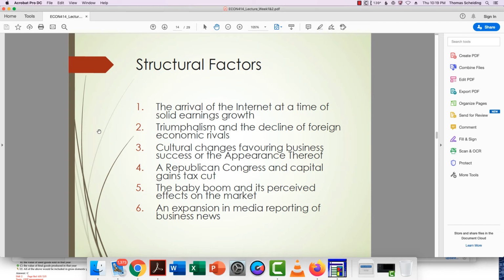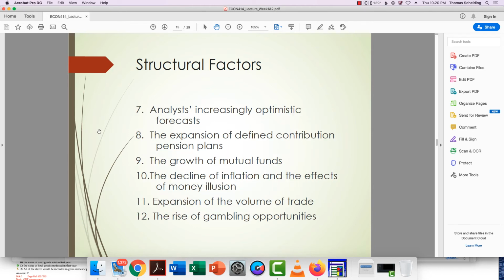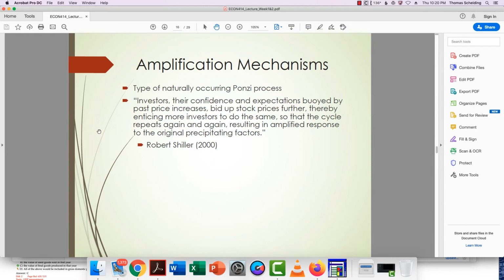So what are some of these structural factors? Well, part of it is this idea that the internet was part of this. Other things that are a part of this would be things like lowering taxes, and even the political environment. It's much easier to buy stocks and bonds than it used to be. Traditional pensions have gone away, and everyone now does things through their 401k, so there's all this money out there.